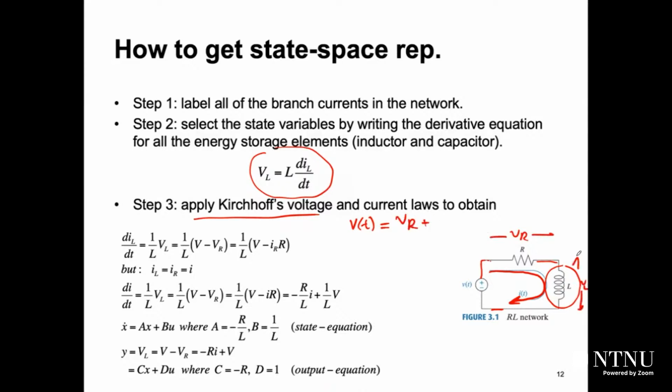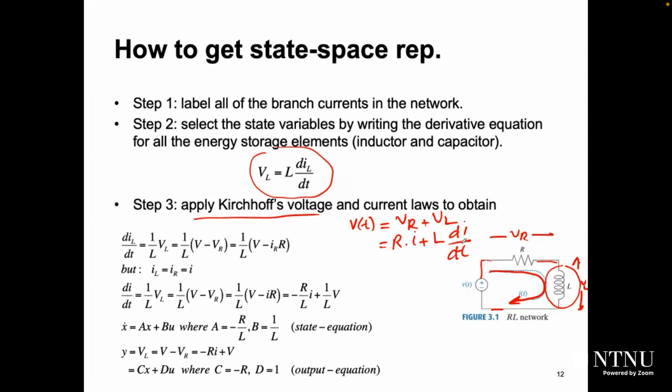Now we need to write it in a different way. What is VR? VR is I times R. What about VL? VL is L di by dt. Correct? So now we have a differential equation.